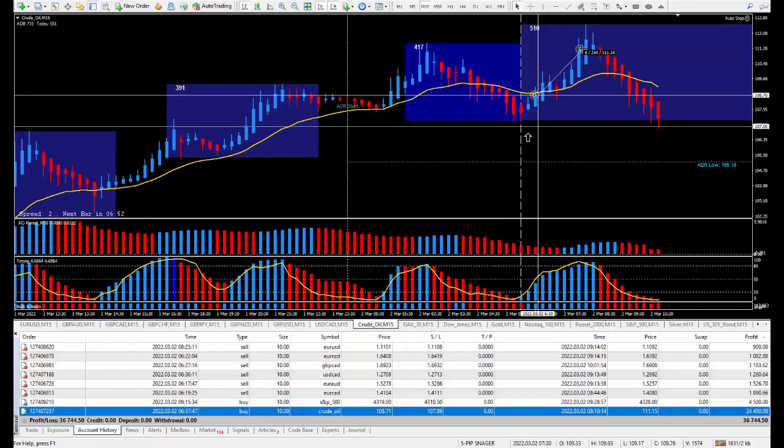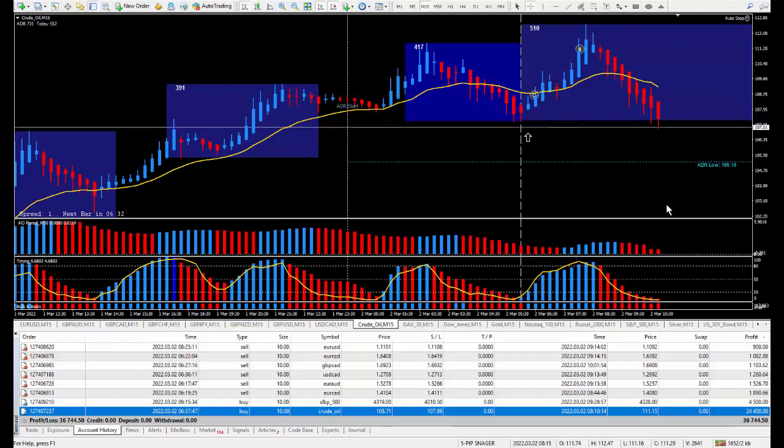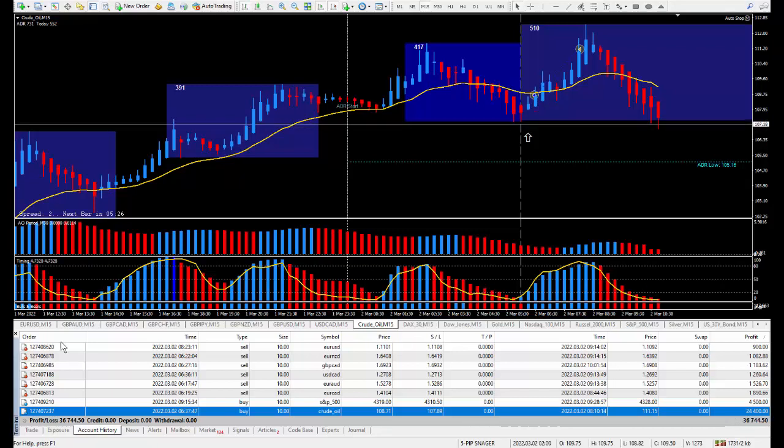It does pay $10 a pip, so 24.4, that has to be 244. So you do 244 times 10 times 10 lots. Those 244 ticks paid out $24,400.